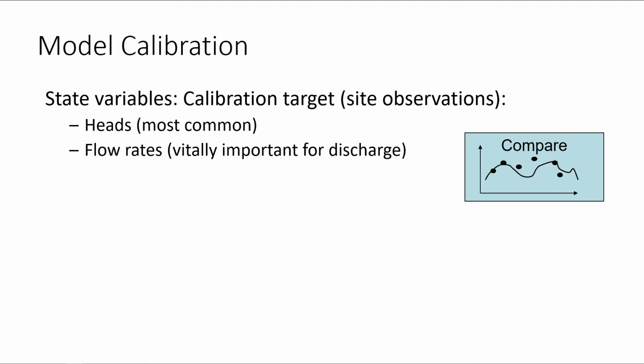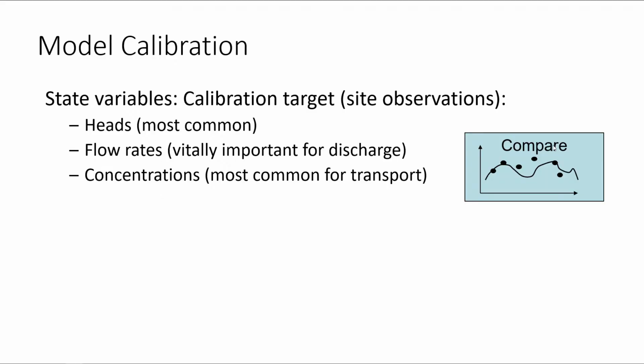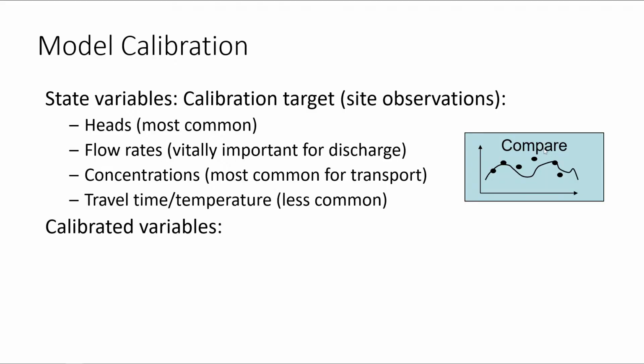Usually it's not easy to measure submarine groundwater discharge, but if you have these measurements, you can see whether the discharge that you measure in the field is similar to what your model is simulating, and compare them. Concentration, if you're doing a transport model.